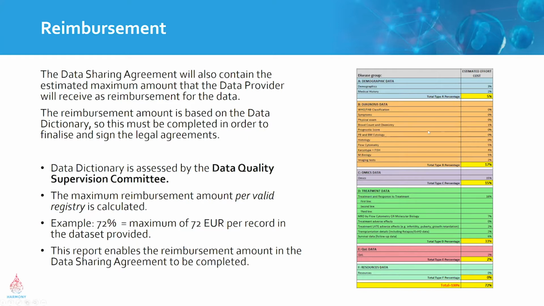So in this particular example, it's 72%, right? So it means that you will get a maximum of 72 euros per record. So this is per patient. So if you've got 1,000 patients in your data set, that's 72,000 euros, okay? So that's not a trivial amount of money.